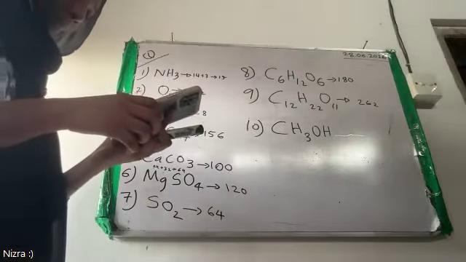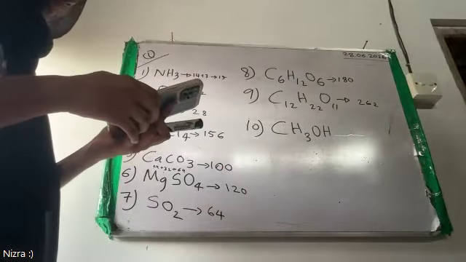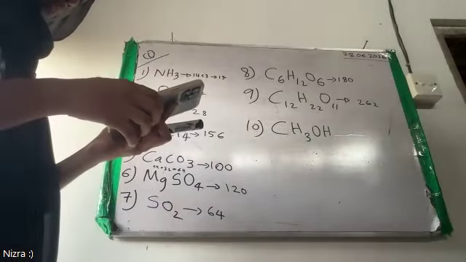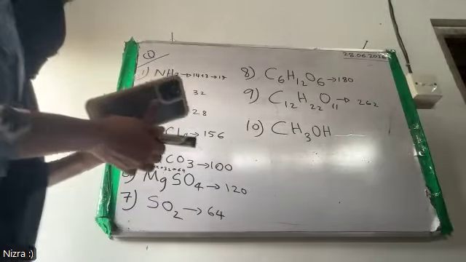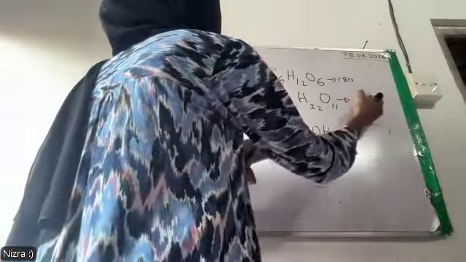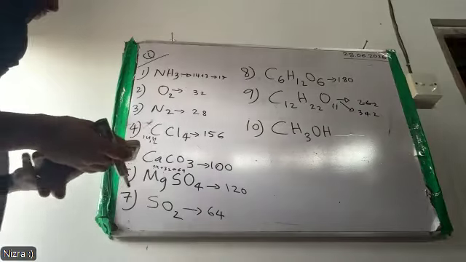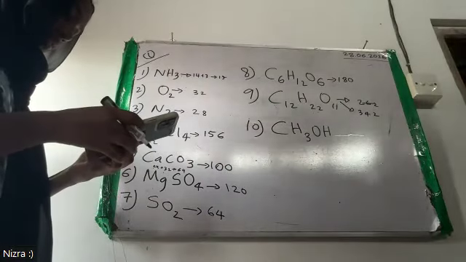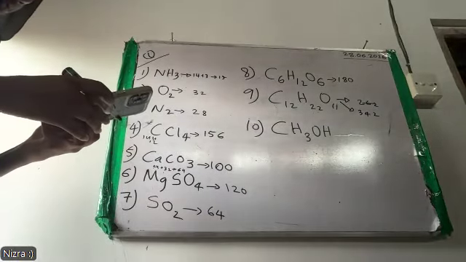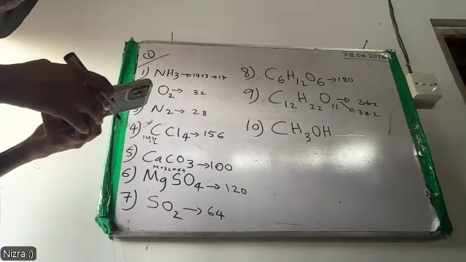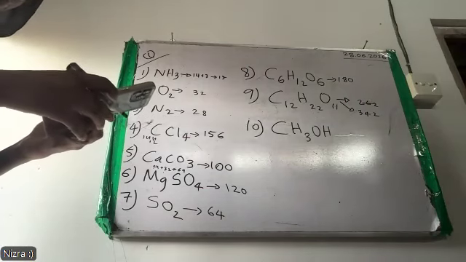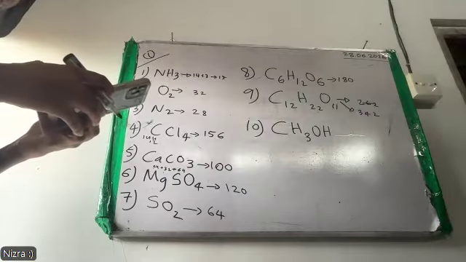We'll check it. Yeah, 340. Check your calculation. And that one also got that 156, calcium. CCl4, 12 plus 144. Yeah, it's 144 from the equation.